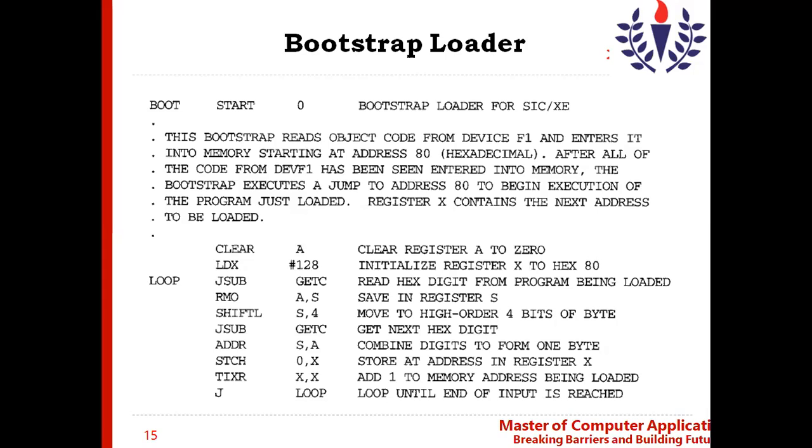In the Bootstrap Loader, we have a subroutine called GETC, which is to be called. So from this program to another program wherein the GETC function has to take place, the control is transferred.